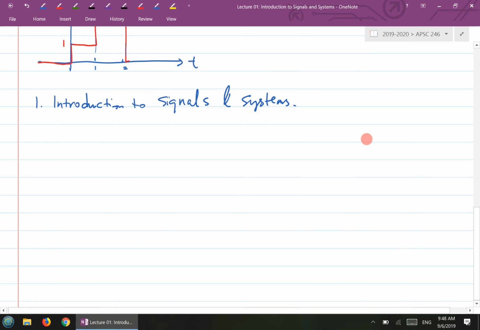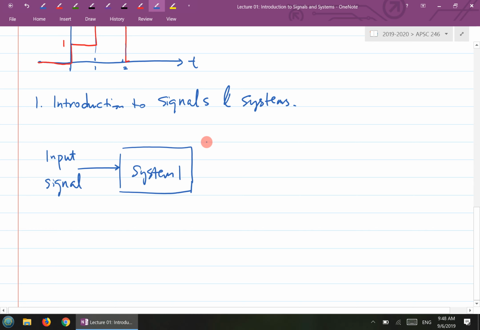Okay. So first of all, let's put things together. I think in the first class I talked about the system concept. When you have a system, you can use a black box, a rectangular black box, to represent the system. A system has to have input.